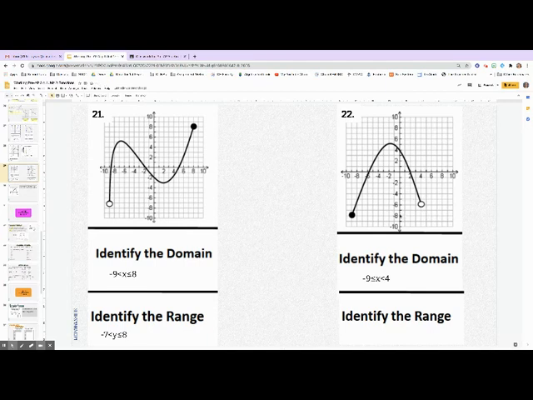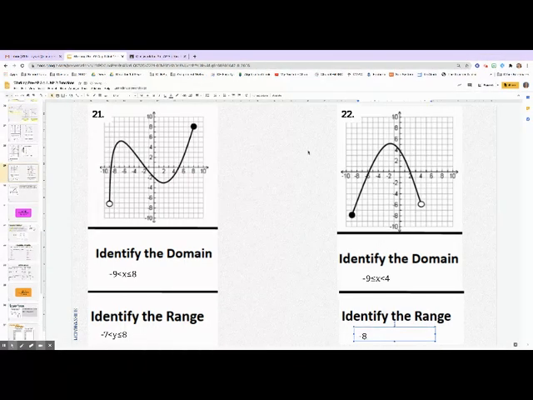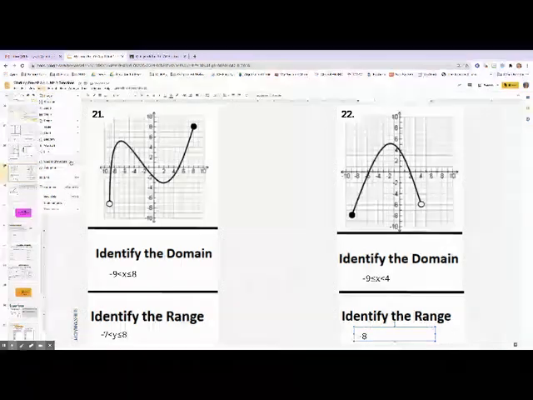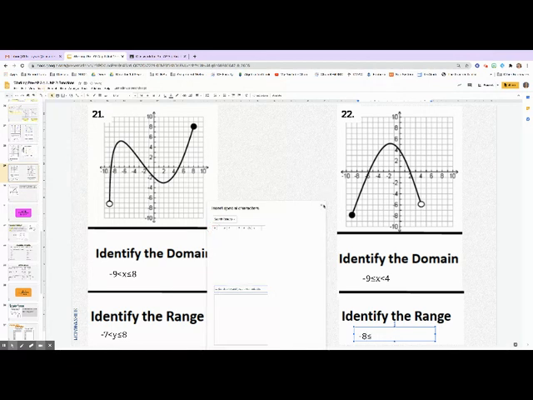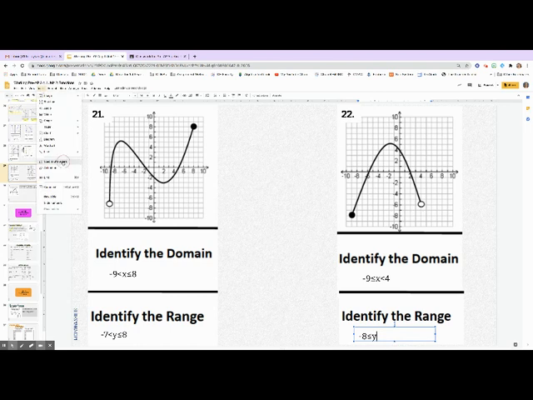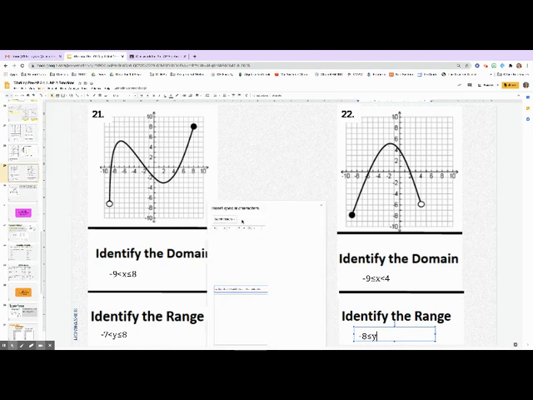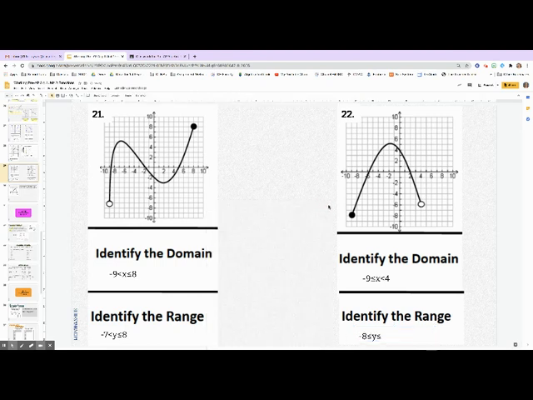Range is how far it can go down, how far it can go up. So how far down can it go? It can go down to -8, and that is included. So we need to insert the less than or equal to symbol. y. And then it goes all the way up to 5, and that is included. So it's going to also be less than or equal to, because it touches it. There's no open circle that says it's not included. So it is included. So that goes all the way up to 5.